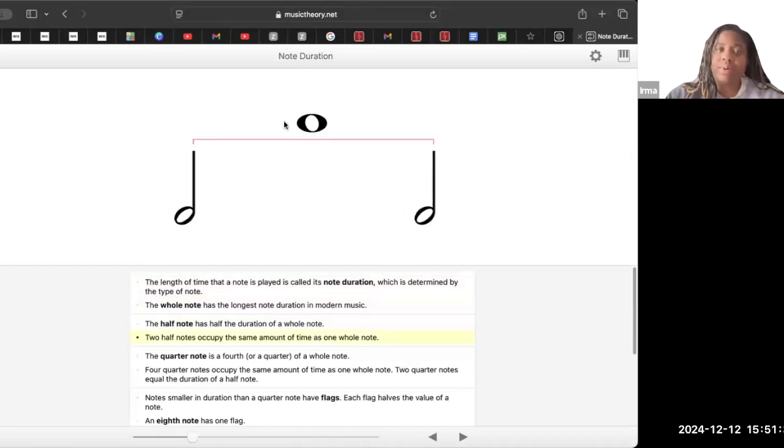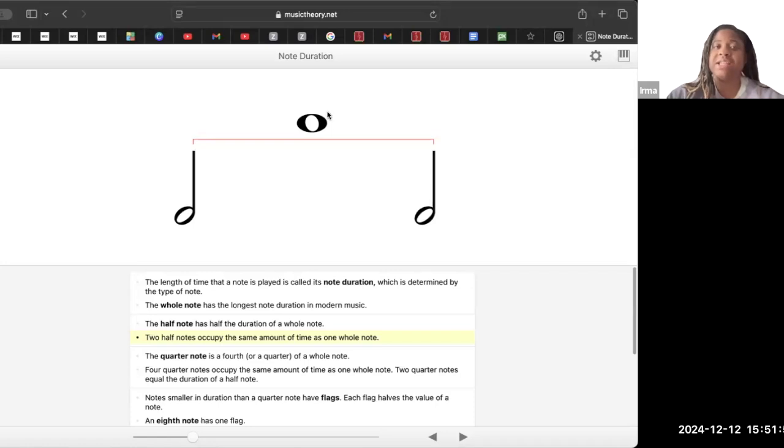So let's look at it this way. We have something called a rhythm tree. You may have seen it inside my studio before, but there's one on here as well. Let's say you have a whole note. The two half notes occupy the same amount of time and duration that one whole note holds.